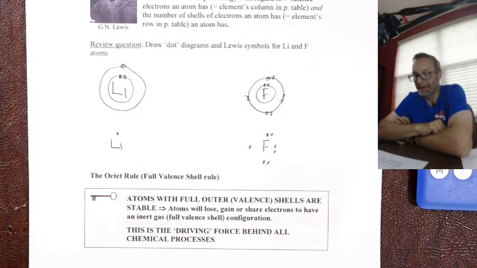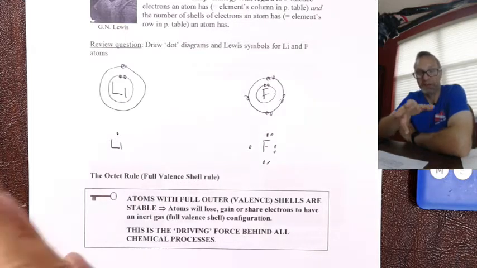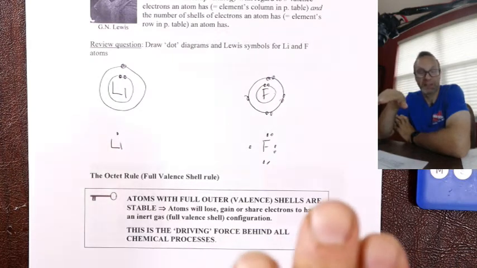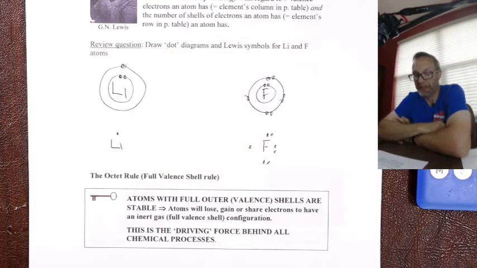If you try to take one away, the effective nuclear charge is high, because it has a full outer layer and just a couple of electrons screening. So for full octets, full outer layers, if I try to remove an electron, the effective nuclear charge is super strong and keeps it there. If I try to add an electron, the effective nuclear charge is essentially 0. So this really explains why atoms with full octets are stable.